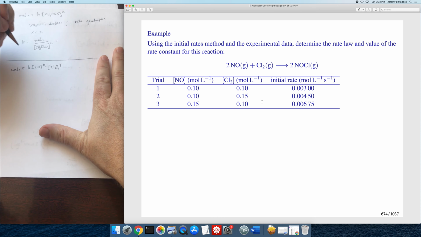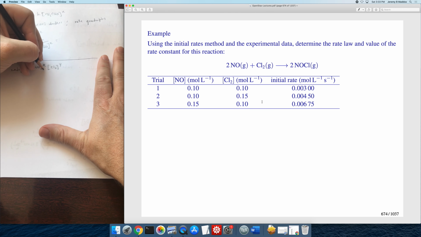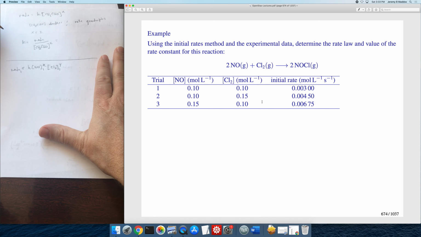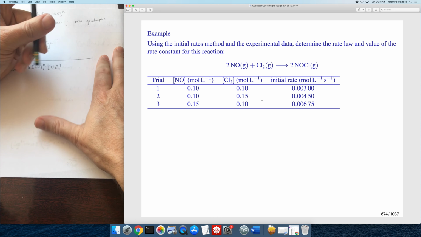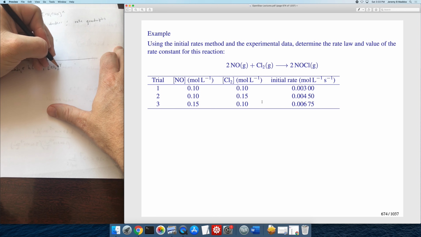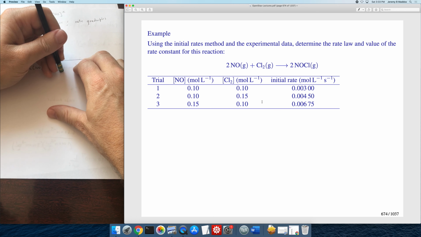Here's how it works. For each trial, I can set for trial 1, rate 1 equals K times the NO concentration 1 times the chlorine concentration 1. Actually, I won't put a number there because it's the same in both. So I'll just leave it without a subscript.